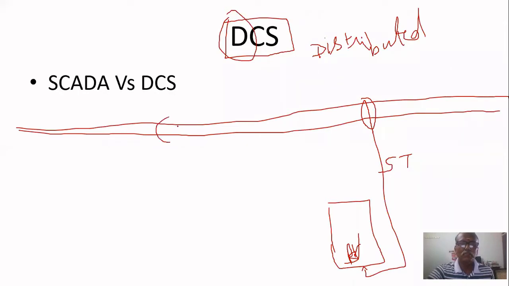This is the communication bus. Let the process tag be 101, and this transmitter has a tag of 102.